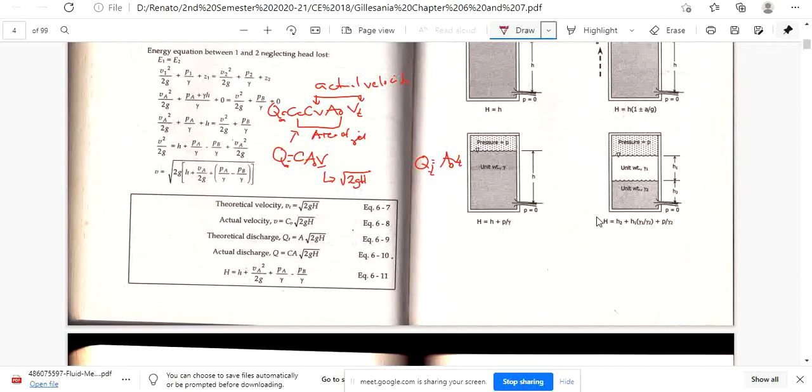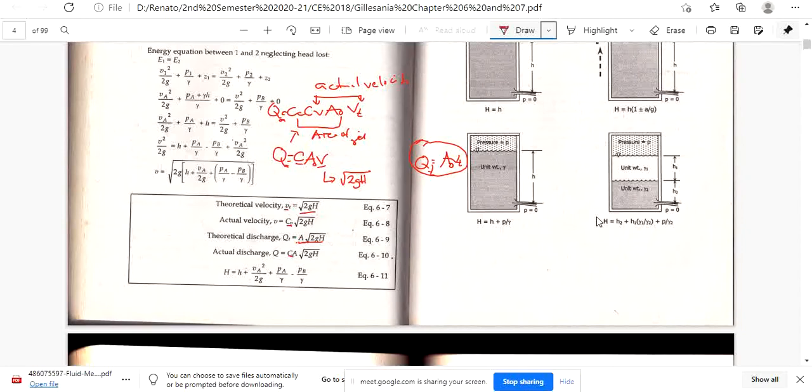So it is similar to the equation we learned at the start. You just substitute V with square root of 2gh and rewrite the equation. For the theoretical velocity, square root of 2gh, for the actual velocity you put CV to make it actual. Theoretical discharge is area times velocity. For the actual, you put C. So, C A square root of 2g.